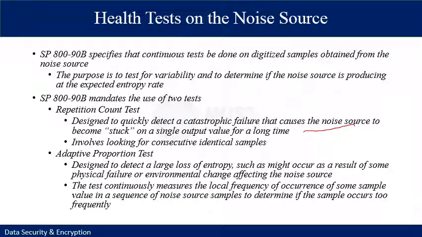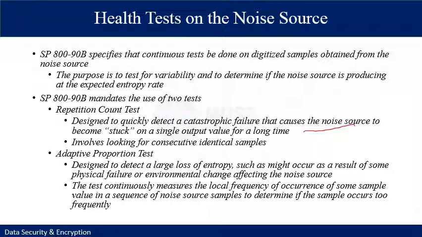The next test is the adaptive proportion test, and it is designed to detect a large loss of entropy, such as might occur as a result of some physical failure or environmental change affecting the noise source.